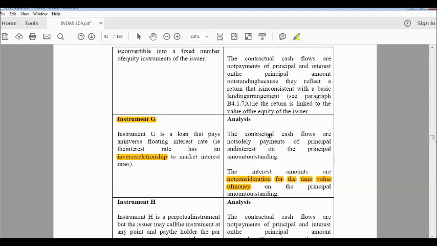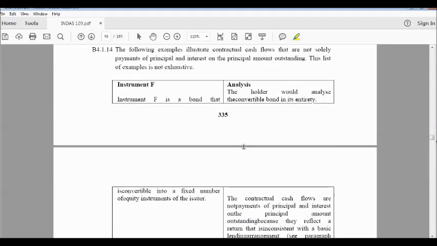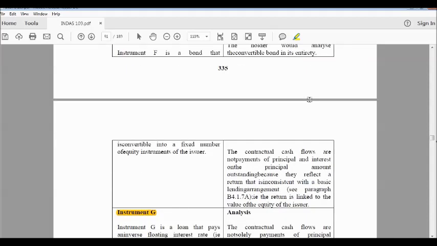And if you want another example, then instrument number F. Instrument F is a bond that is convertible into a fixed number of equity instruments of the issuer. In the analysis, the holder would analyze the convertible bond in its entirety. The contractual cash flows are not payment of principal and interest on the principal amount outstanding because they reflect a return that is inconsistent with a basic lending agreement.